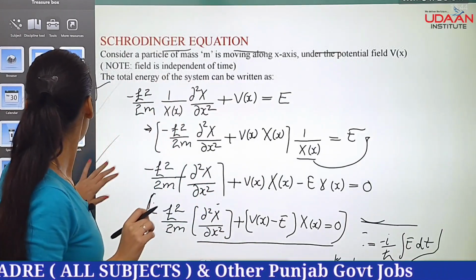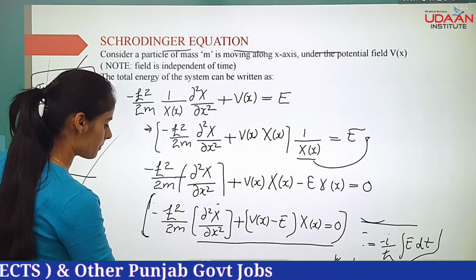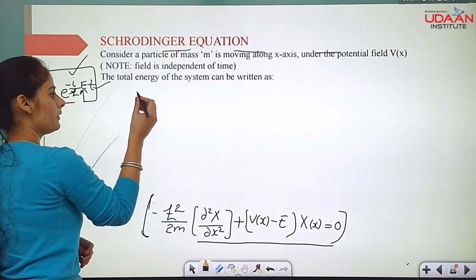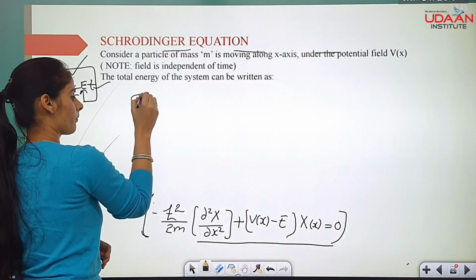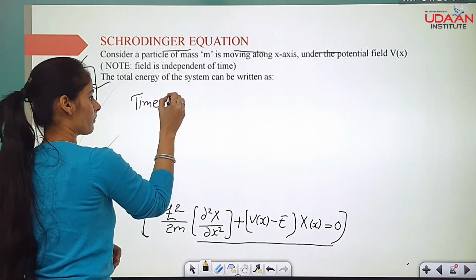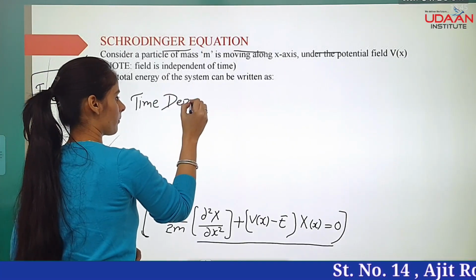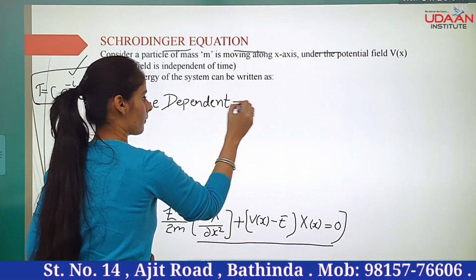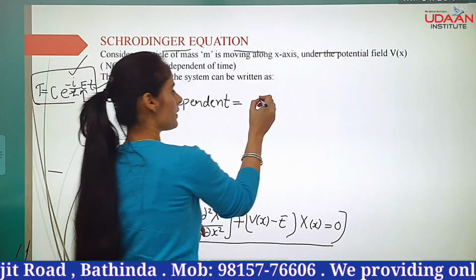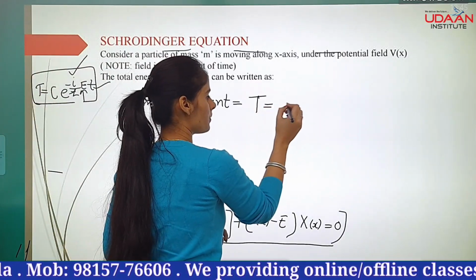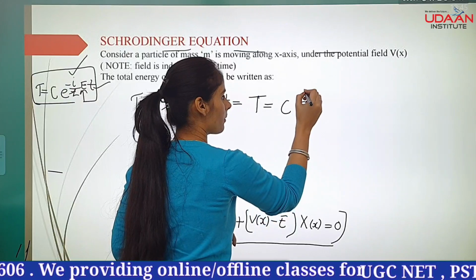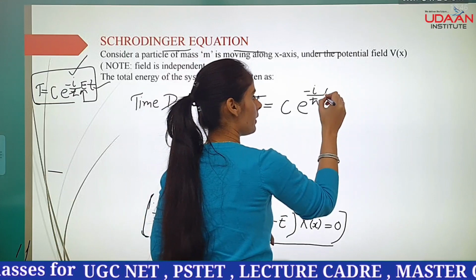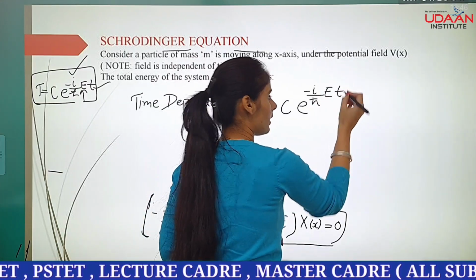So let's just write the time dependent part again. For time dependent, our equation is T is equal to C e raised to power minus iota over h bar E t.